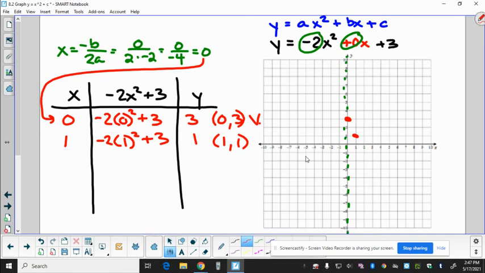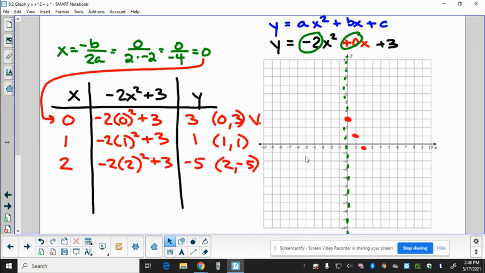And finally, about a 2 in here. All right, so that'd be 4 times negative 2, negative 8 plus 3 is negative 5. 2, negative 5. Let's plot that. 1, 2, 3, 4, 5. Okay. And then finally, what we're going to do is reflect those points across the line of symmetry.